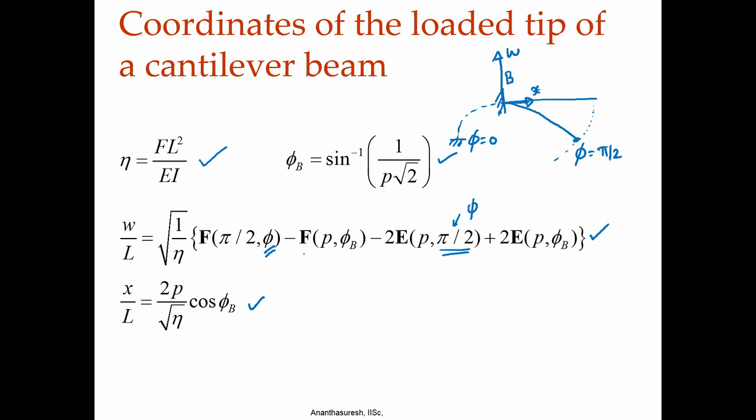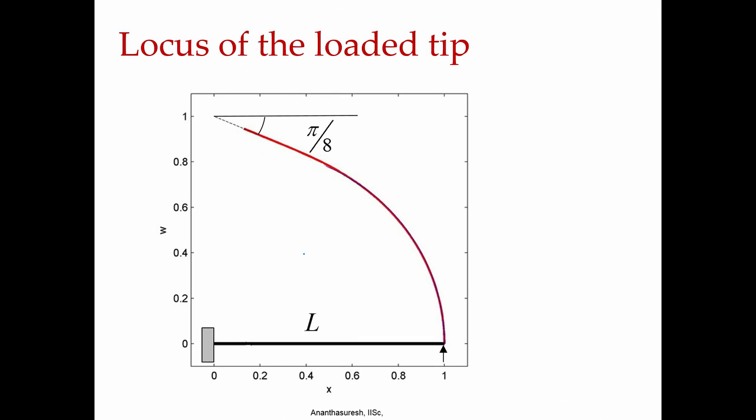Now, let us plot it. That is what I have done here using the elliptic integral solution. This is plotted, the red curve. It has an interesting property. As I change this force from f equal to 0 to a larger number, the cantilever beam deforms like this, right, that we have seen.